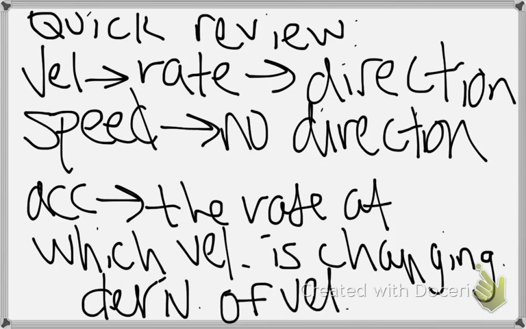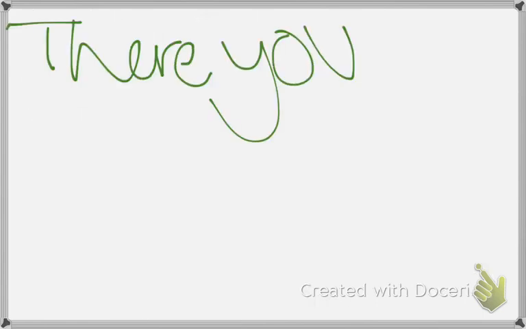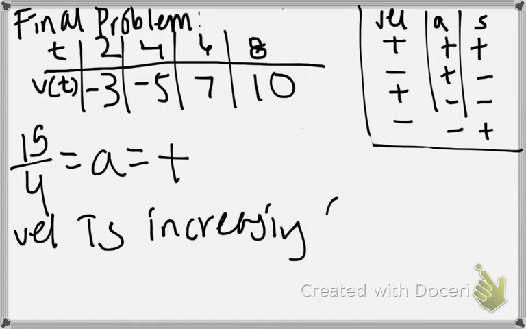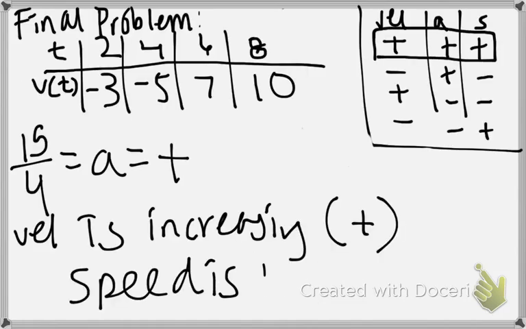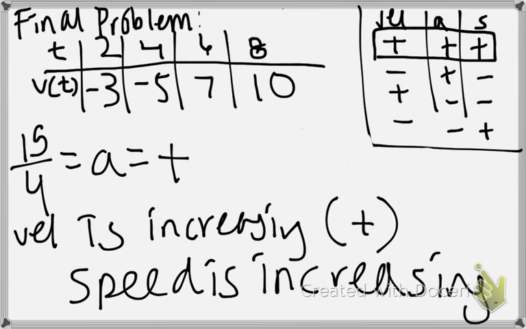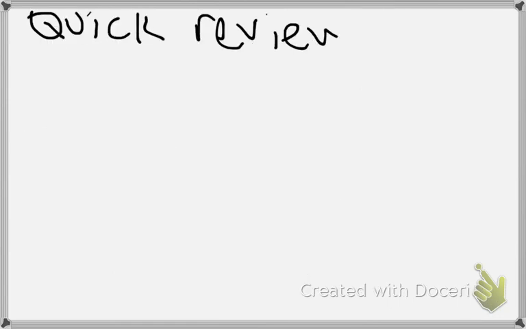Speed has no direction, as I said before, and acceleration is the rate at which the velocity is changing. So it's just the derivative of velocity, just how velocity is the derivative of the position graph.